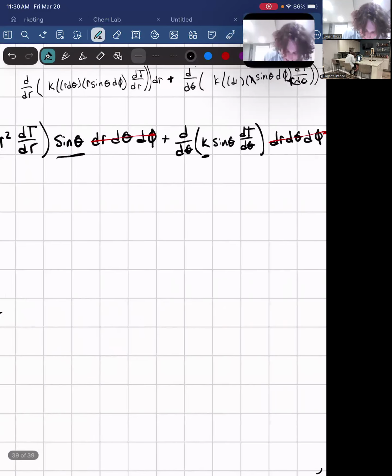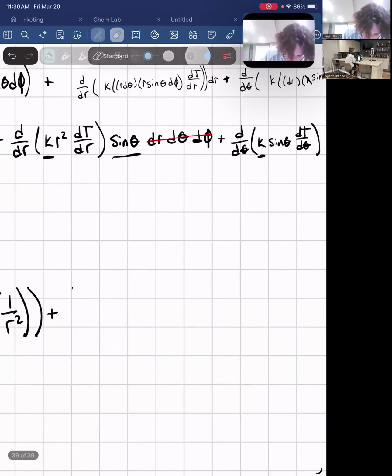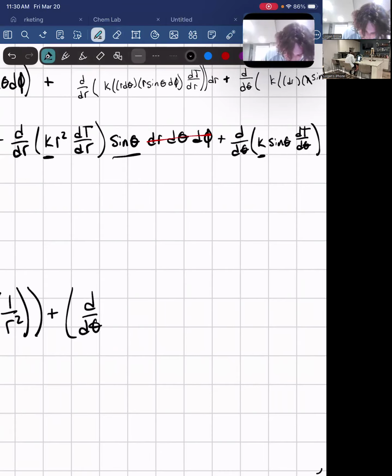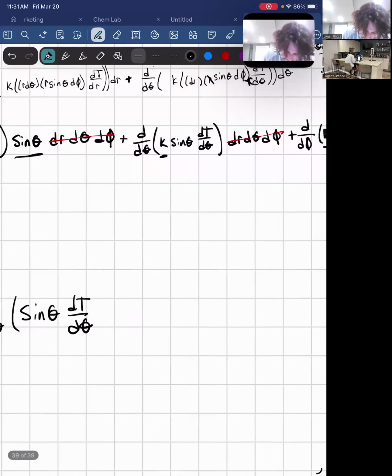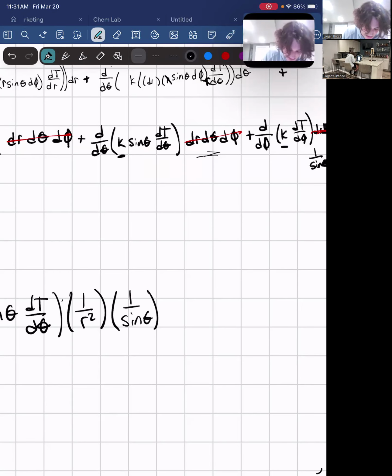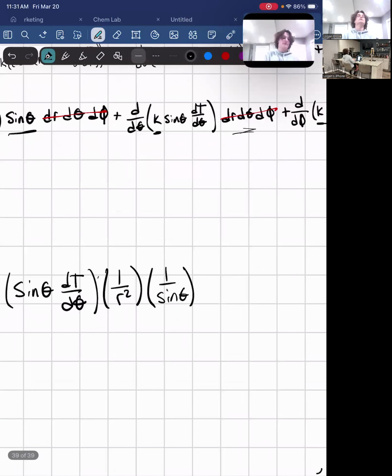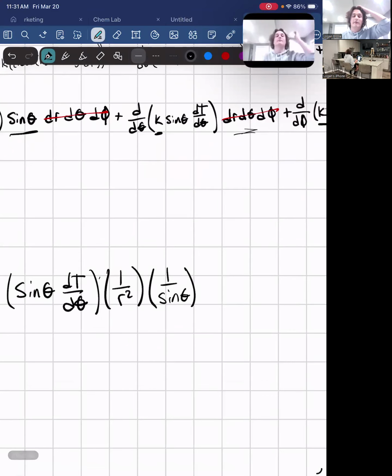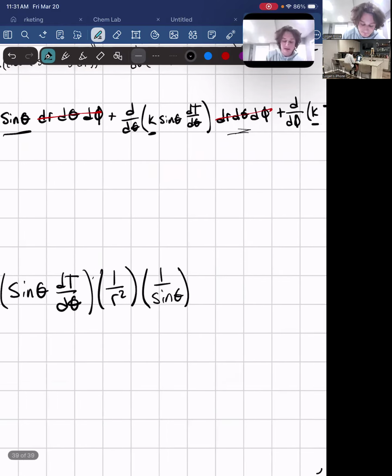And then we can add our d d theta of sine theta dT/d theta, no k, we factor that out. All right, what are we left with? There's nothing on the outside here, so it'll be 1 over r squared times 1 over sine theta. Again, we cannot cancel this sine theta because we're taking the derivative of the sine theta, and we have to account for that because we are in respect to theta.